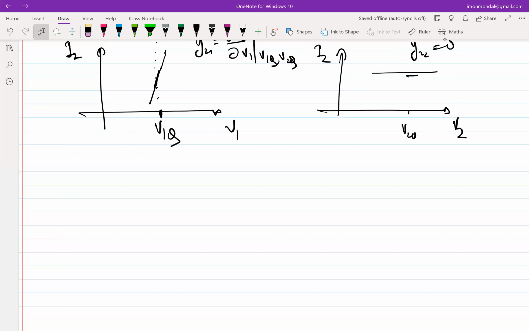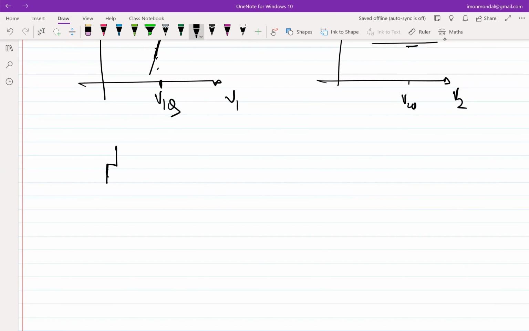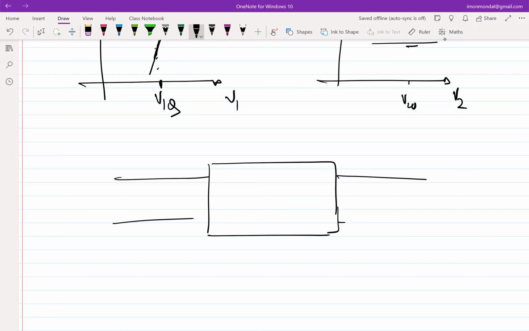And a MOSFET essentially is a device whose, in terms of IV characteristics or in terms of the two-port network, let me sketch the device first, then we'll discuss the IV characteristics later.